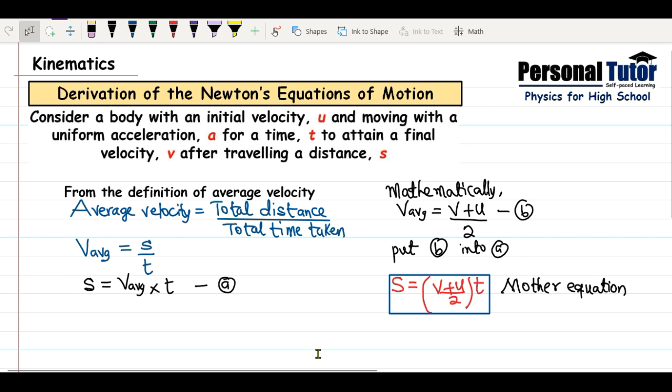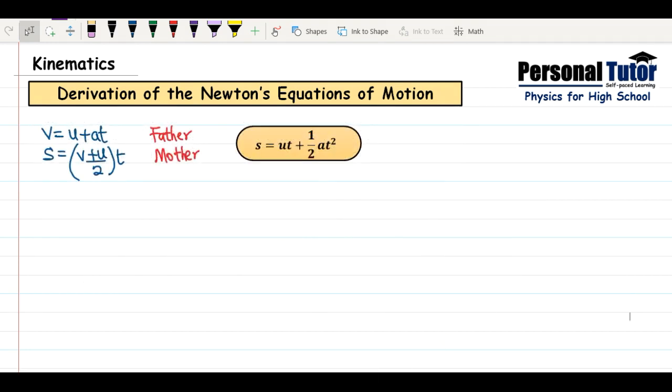Okay, friends. Now with this mother equation, let's proceed to find the other offspring equations. So the equations are getting interesting and a little fascinating. Having had the father equation and the mother, let's now prove how the first offspring equation, s equals ut plus half at squared, also was proven by Newton.